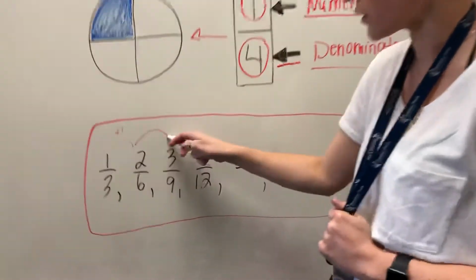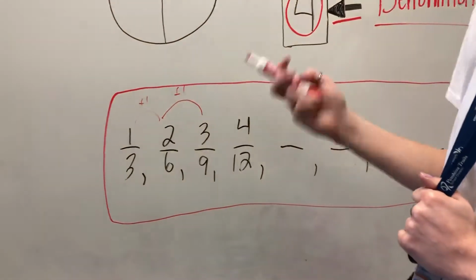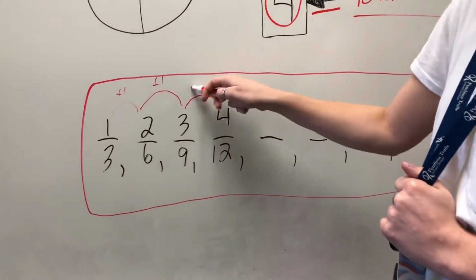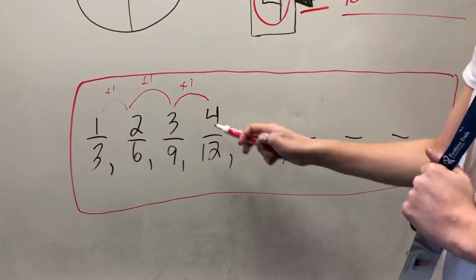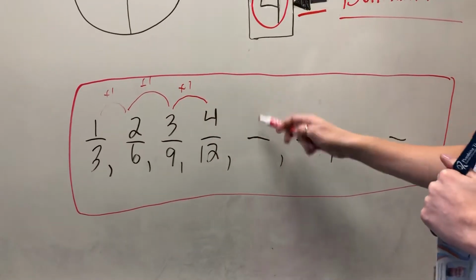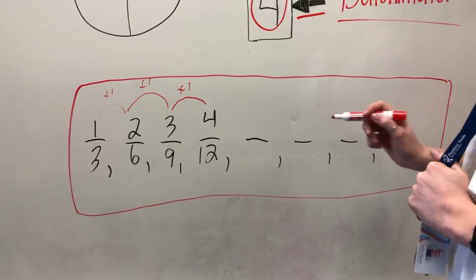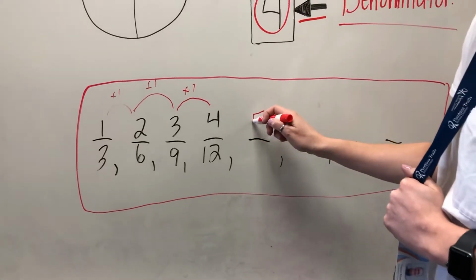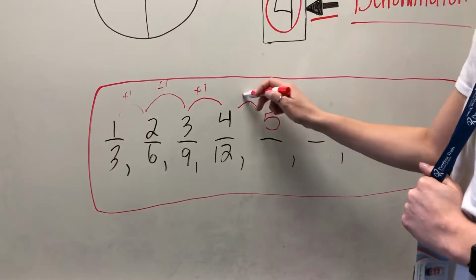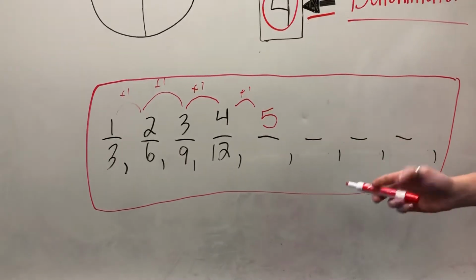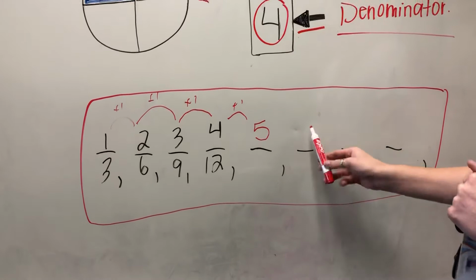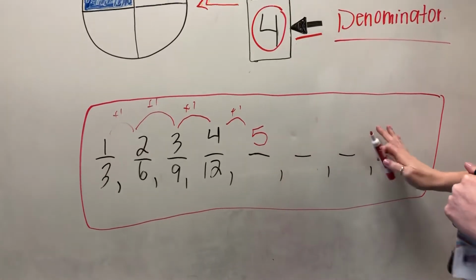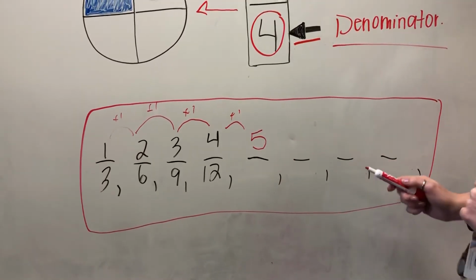How do I get from 2 to 3? I add 1. How do I get from 3 to 4? I add 1. So 3 times I'm going to know that my next ones are just going to be adding 1. So the next numerator, if I add 1, is going to be 5, right? So what are my next numerators going to be? It's going to add 1 every time. So I'm going to let you do those ones, but I'm going to show you this next one.